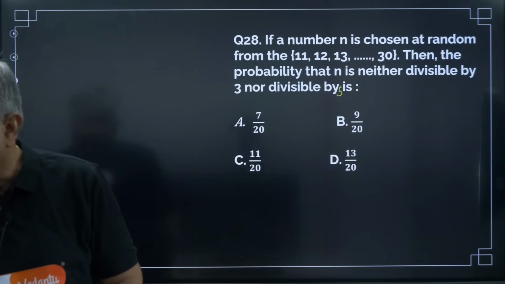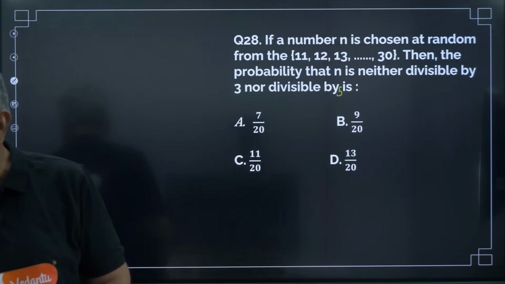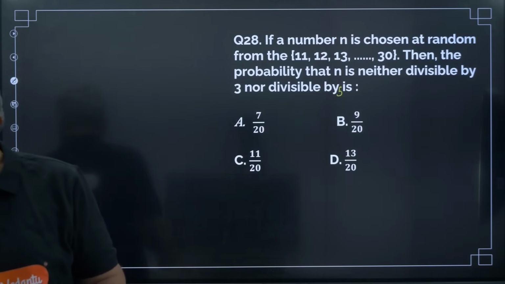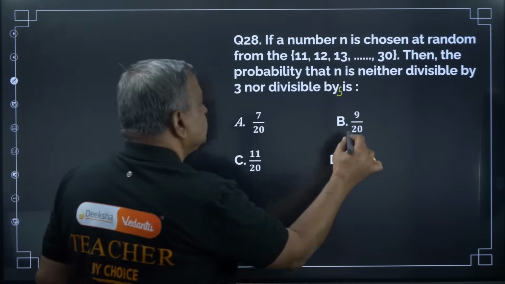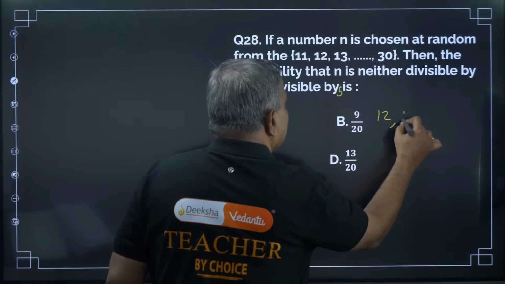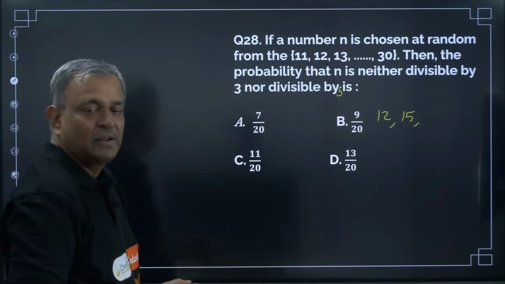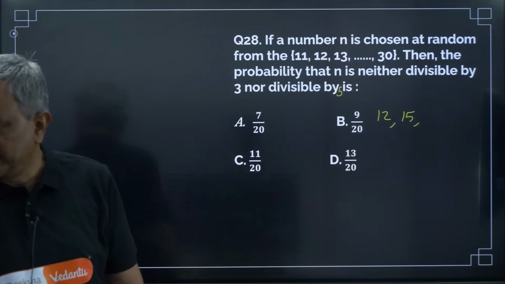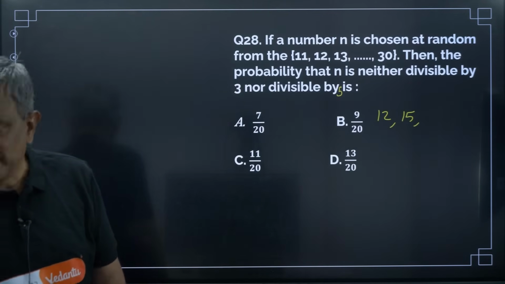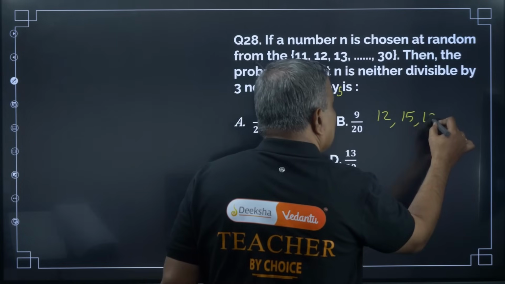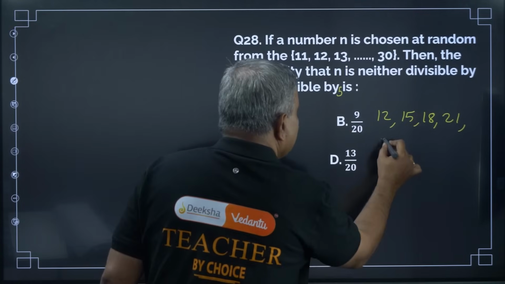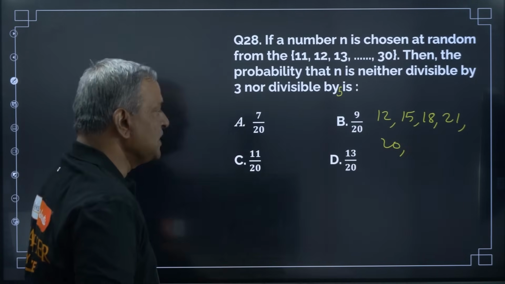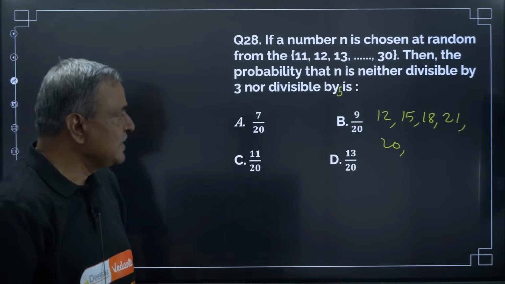You have to remove all those which are not divisible by 3 or 5. Hence the numbers which are divisible by either 3 or 5 are 12, next comes 15, 12 and 15. Like that you calculate it. 12, 15 will come, 18 will come, 21 will come. 20 will also come, 19 won't come.